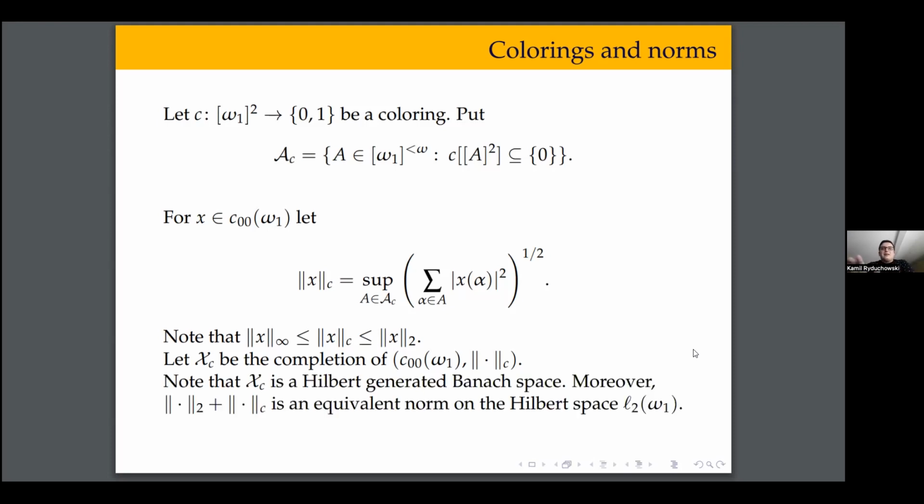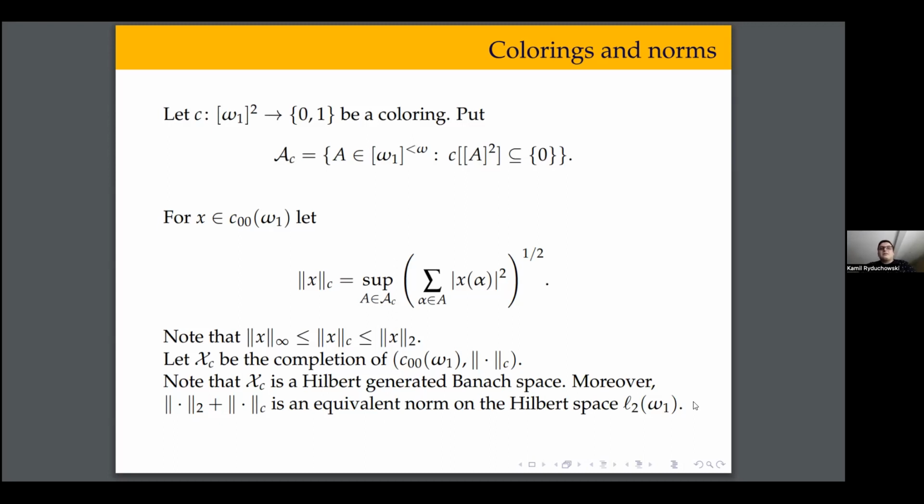Oh, okay, sorry. First, let us just note that due to this inequality, X_C is a Hilbert-generated Banach space. Just take the identity from L2 of omega 1 into X_C, and the L2 norm plus the C norm is an equivalent norm on the Hilbert space L2 of omega 1.